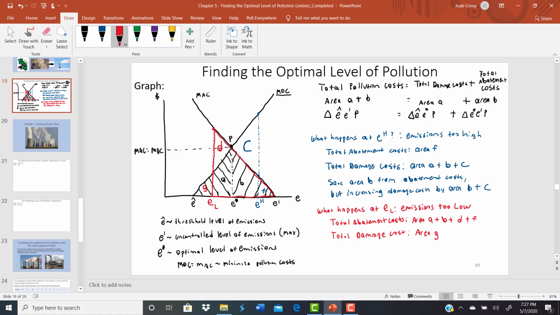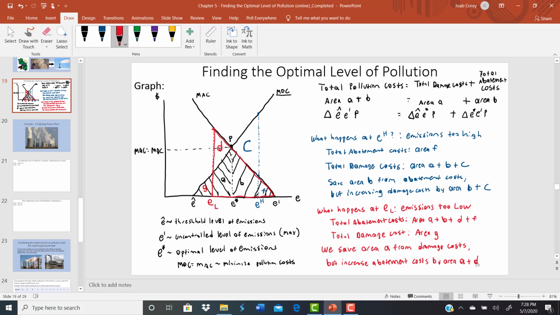So we save area A in damage costs. But unfortunately, we're going to be increasing our abatement costs by area A plus D. So again, compared to the optimal number of emissions, we've reduced our damage costs, but we've shifted those damage costs over to our abatement costs.